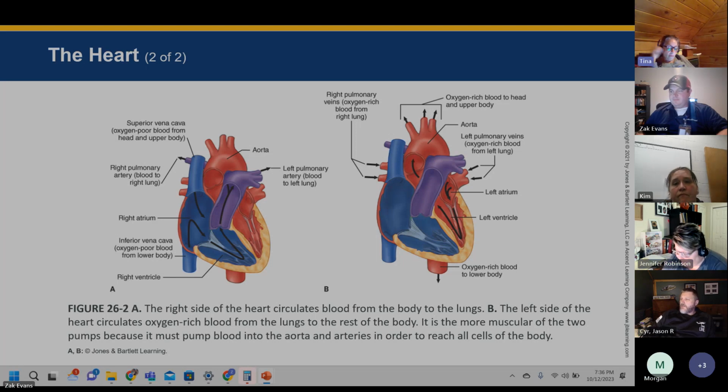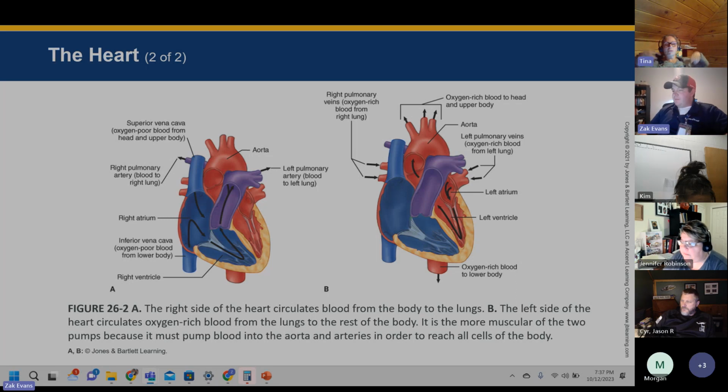It goes into the lungs and becomes oxygenated, and it comes back through the pulmonary vein into the left atrium, goes down into the left ventricle, and it's pumped into the aorta and out of the body. The inferior vena cava goes to the lower portion, and the superior vena cava goes to the head and the upper extremities. Perfect. Look at you. You got it. Good job.